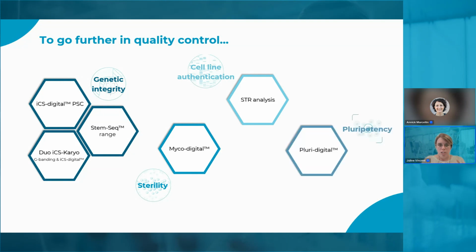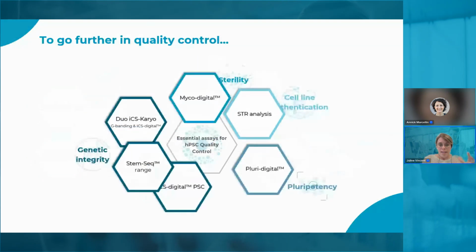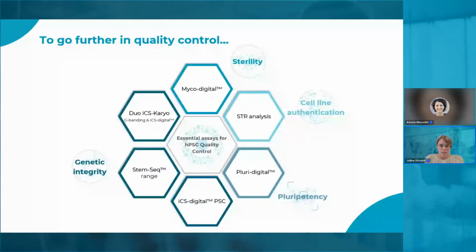So the PluriDigital test is based on digital PCR again and provides insight into their status. STEM Genomics can therefore offer a range of essential tests for hPSC quality control.